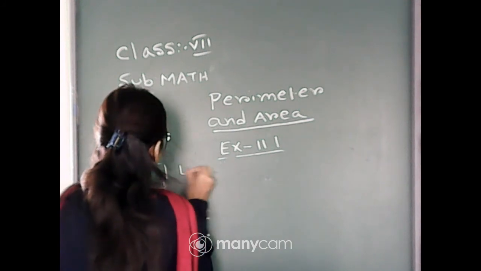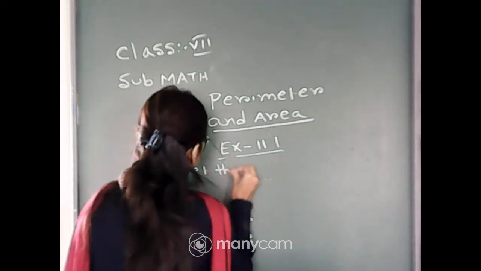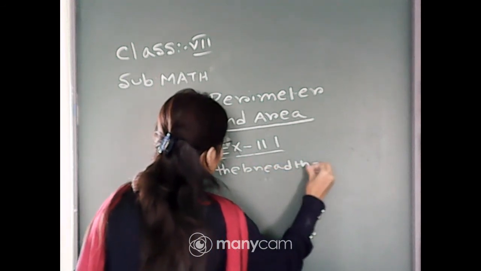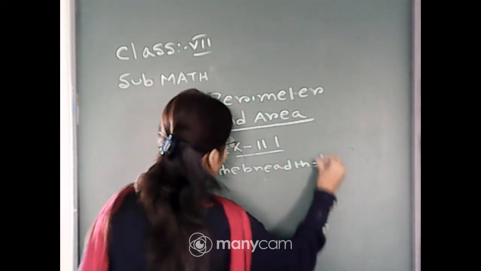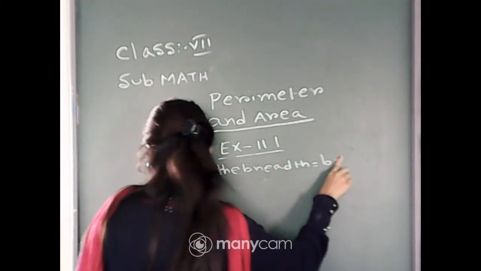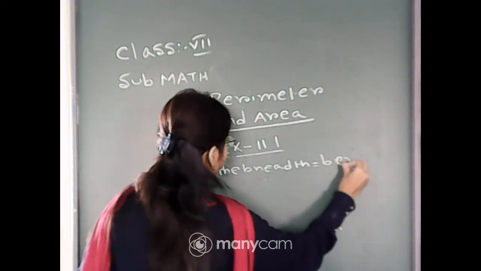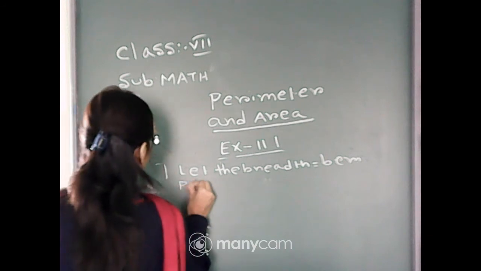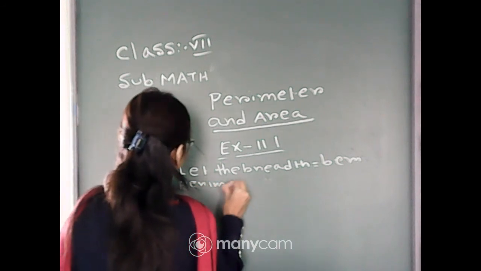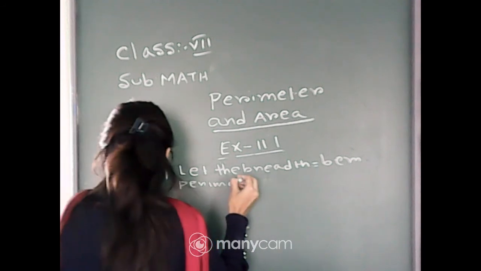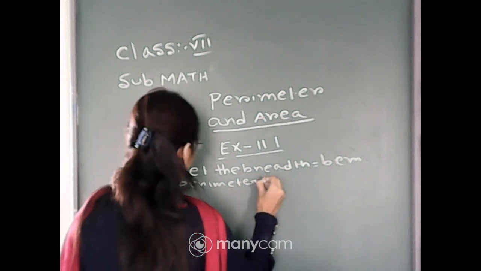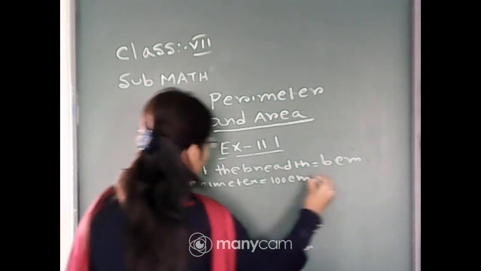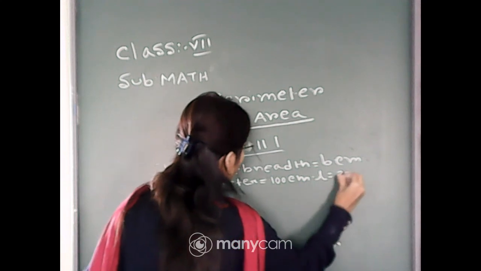Let the breadth of the rectangular sheet be B cm. Also it is given that the perimeter of the rectangular sheet is equal to 100 cm and the length is equal to 35 cm.